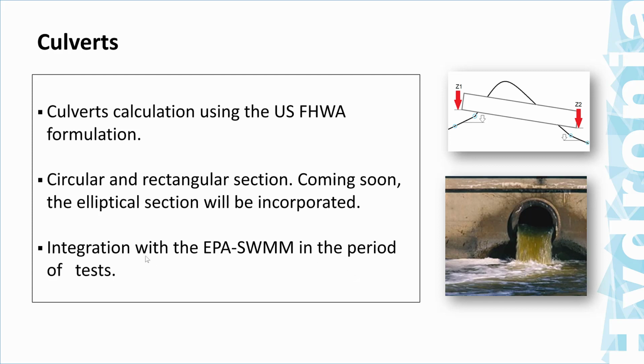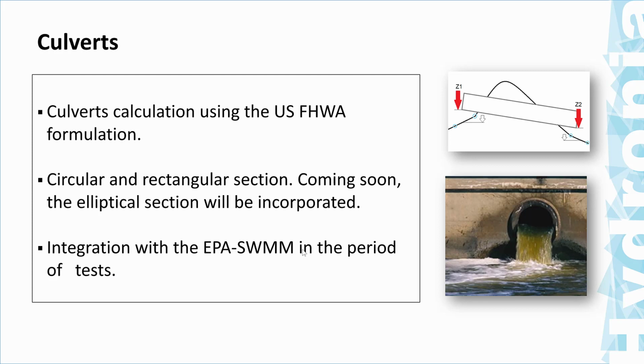And also there will be a culvert component that will be calculated using the EPA SWMM. Now, we will cover EPA SWMM in this course because the Hydrobead flood is integrated with the EPA SWMM.